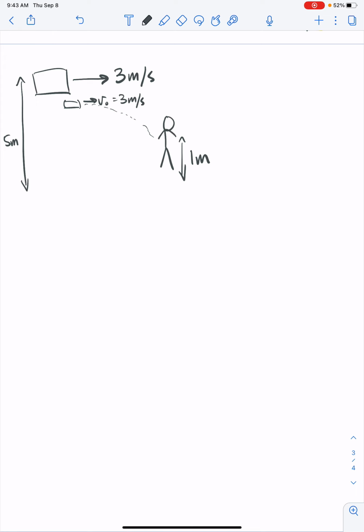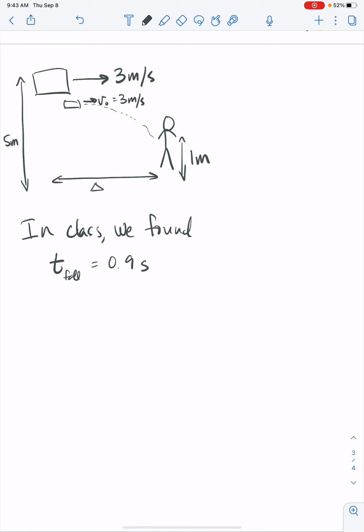And in class, we found that the time to fall is 0.9 seconds. And we found that the distance, call this delta x, where the drone drops the burrito is 3 meters, okay?